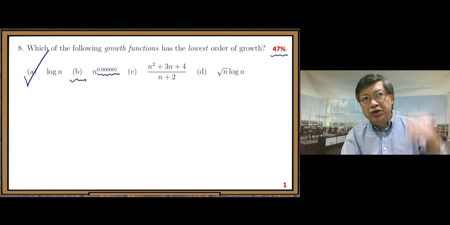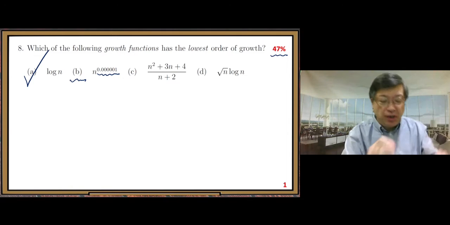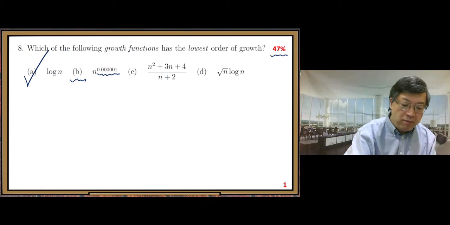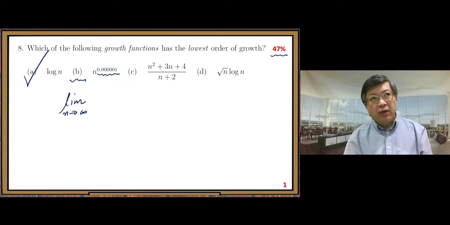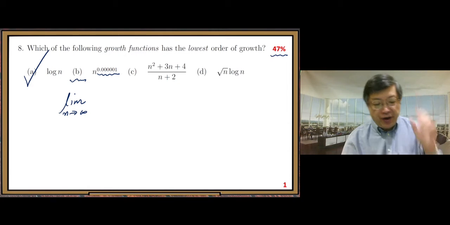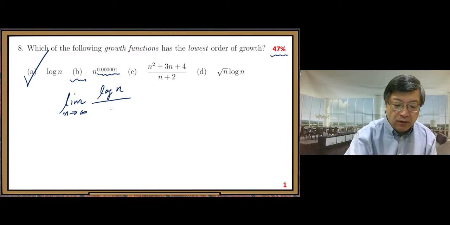So in our module 2, when we compare two growth functions, if you still remember one particular result, that is the limit. When n goes to infinity, we compare these two functions, log of m over n to the dth power.